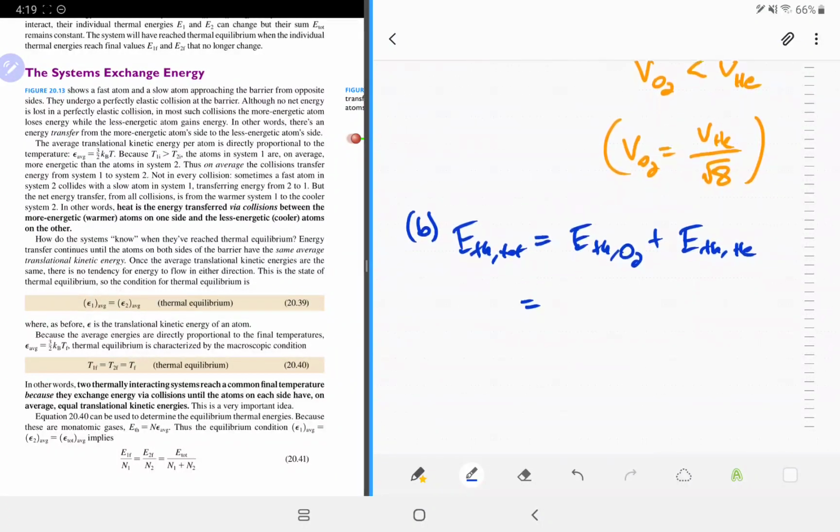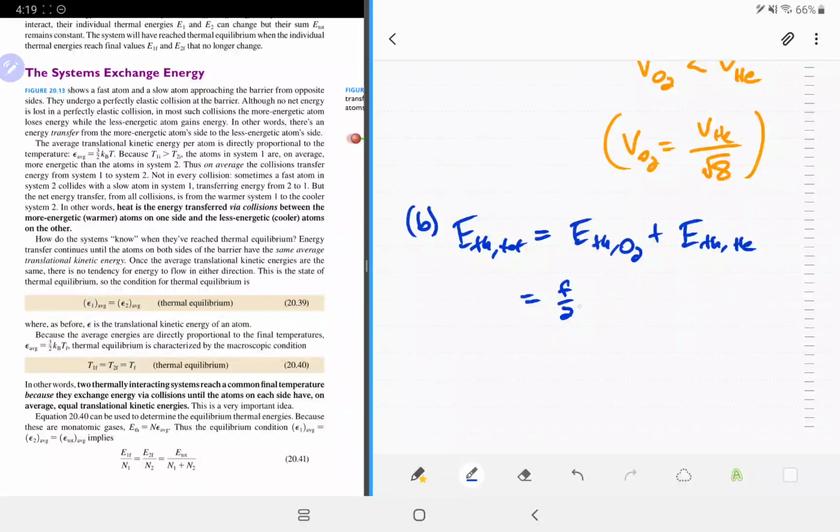So remember our formula, this was f over 2, and f is going to be the degrees of freedom for the O2. f over 2 nRT, number of moles of O2, plus, and then I'll just plug in for the helium, it's definitely 3 for the number of degrees of freedom. The number of moles of helium times RT.